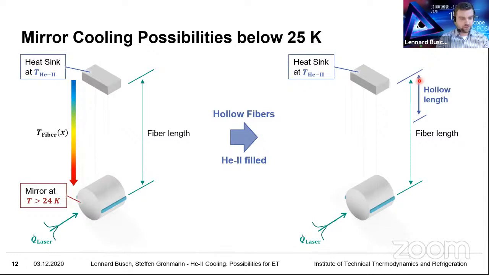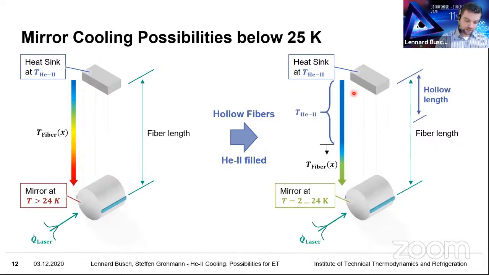In fact, we could set the length of the fiber that we want to be at helium-2 temperature more or less freely, and only below that point where it gets massive again, we would have a temperature gradient inside the fibers. So that way we could choose the temperatures in the fibers and in the mirror as well, between 2 and around 24 Kelvin.